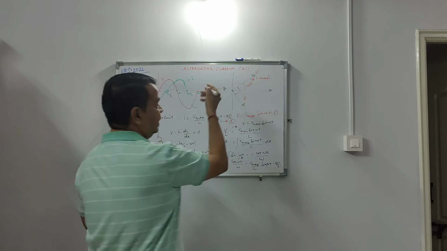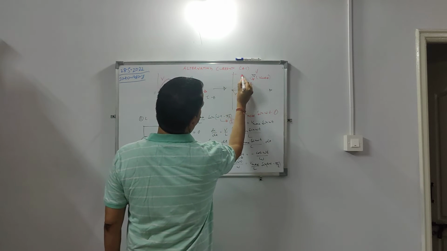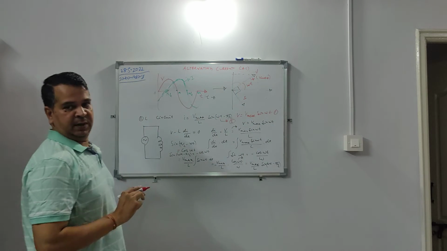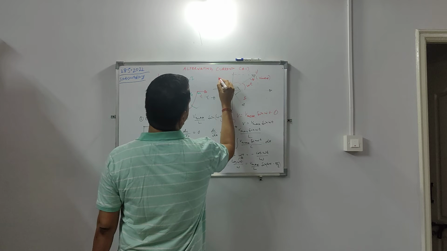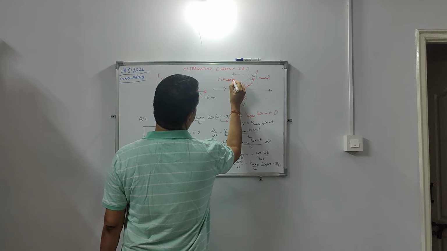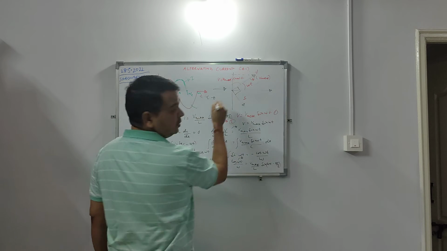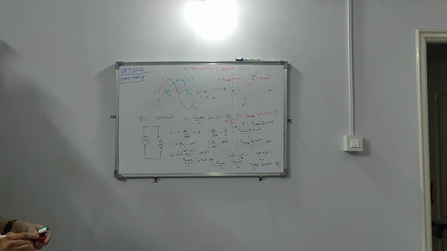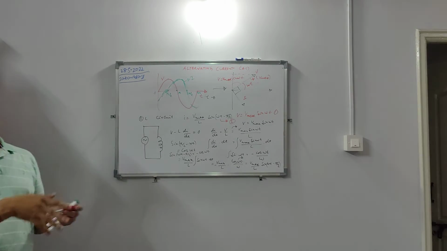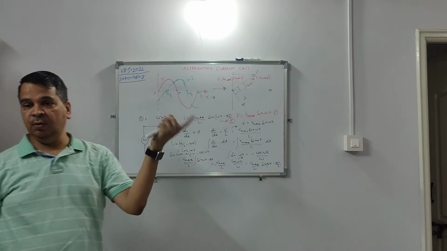If you take the component of that vector, it is V equal to V max sin omega t, right? That's the equation. That's how we are representing. So on the y-axis, you project this vector, which is at an angle omega t.